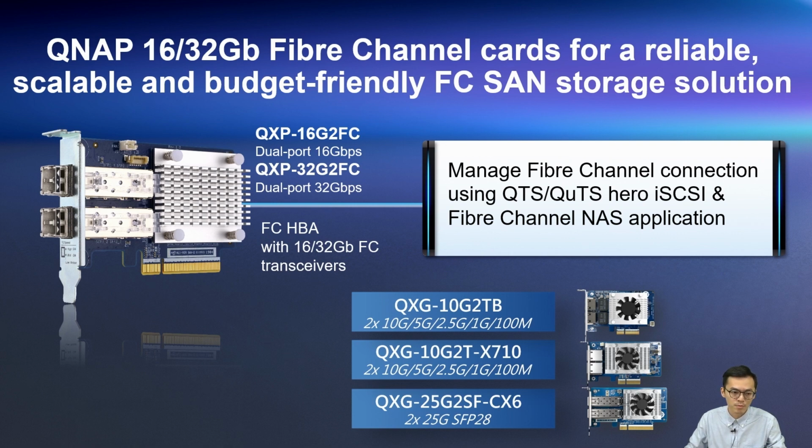Here are the QXP 16 gig 2 FC and QSP 32 gig 2 FC cards to create an affordable Fibre Channel SAN environment, and both cards include a transceiver. It also supports 10 gig and 25 gig network expansion to upgrade to a faster network speed. There are more expansion cards, and you can refer to our QNAP compatibility website.